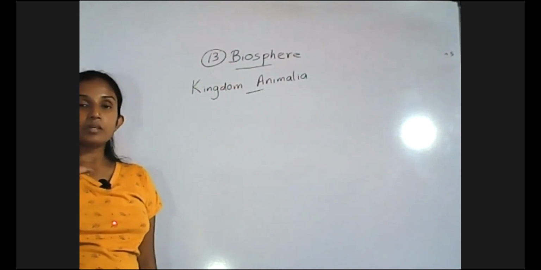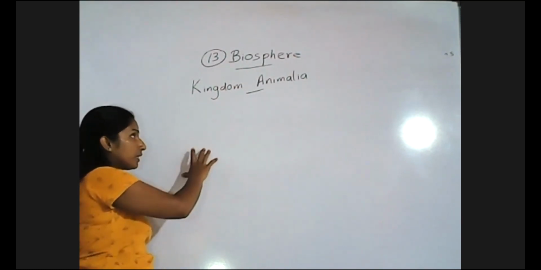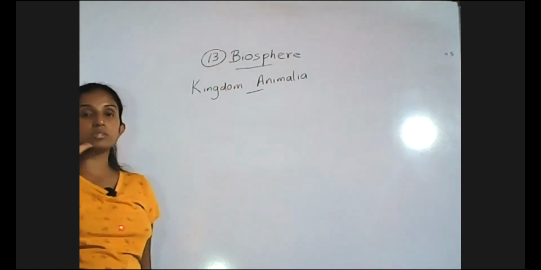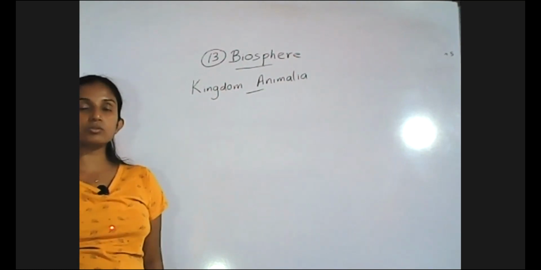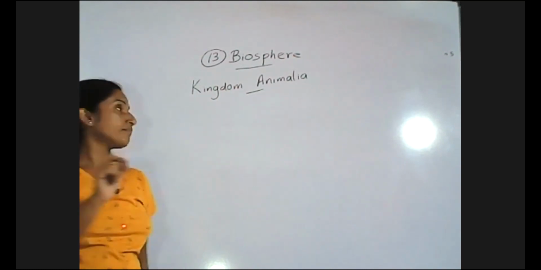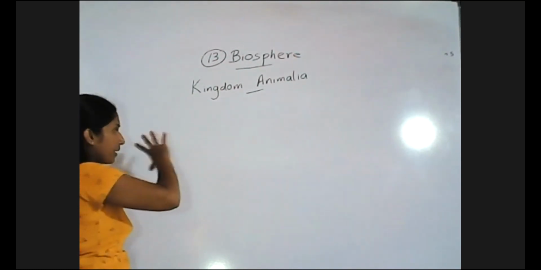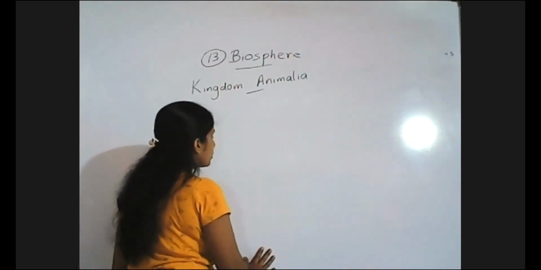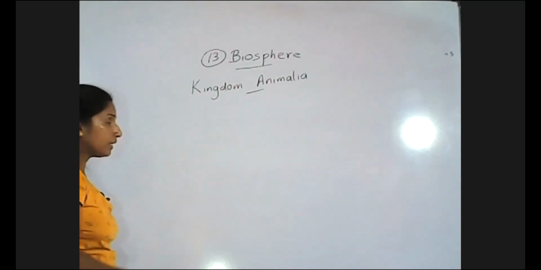Under the kingdom Animalia, you have to go through the textbook very carefully and thoroughly, and remember each and every feature under the given groups. But here we will make a short note to remember the things.